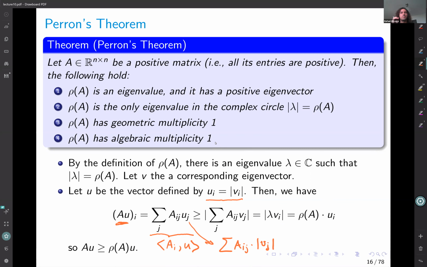But the Aij are non-negative, so this is equal to the sum of Aij times the absolute value of Vj. Then by the triangle inequality, the sum of the norms is bigger than or equal to the norm of the sum.